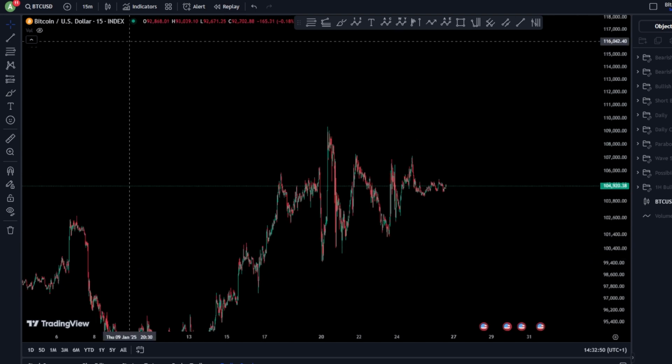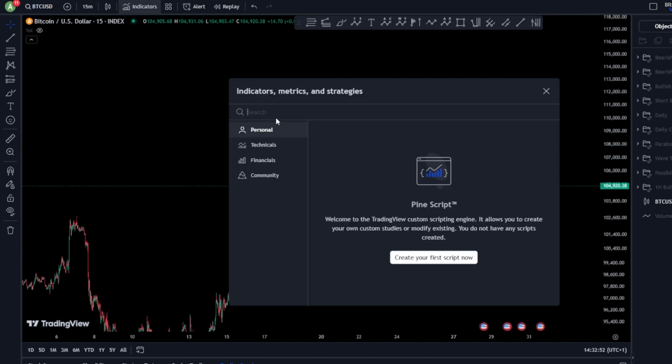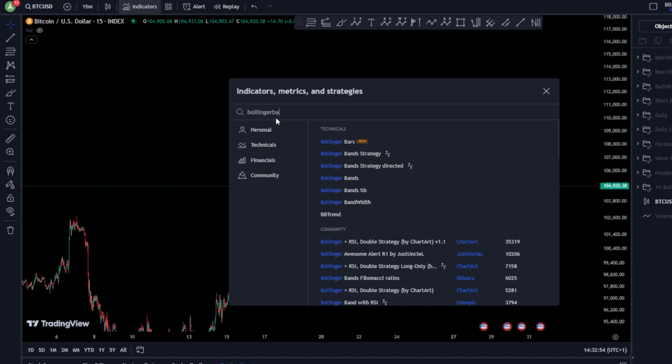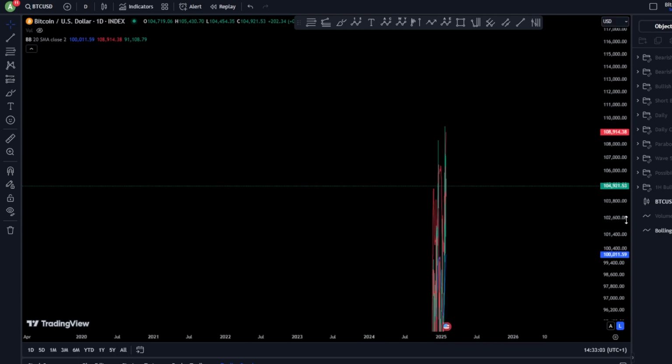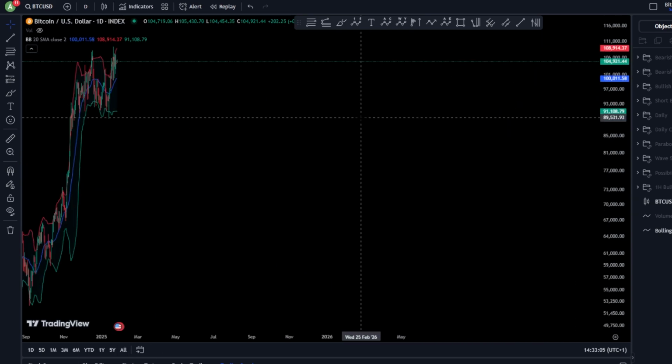Now the last indicator, let's see the Bollinger Bands. Here we go. On the Bollinger Bands, let's go to a bigger view directly on the daily.